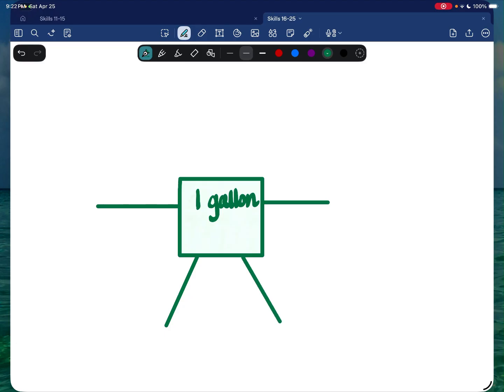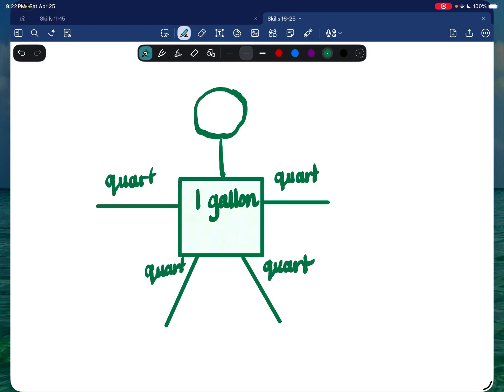Those are quarts. So there's a quart, here's a quart, here's a quart, and here's a quart. I used to tell my students to give him a face so that you can equate this to a body. So here's the gallon man.